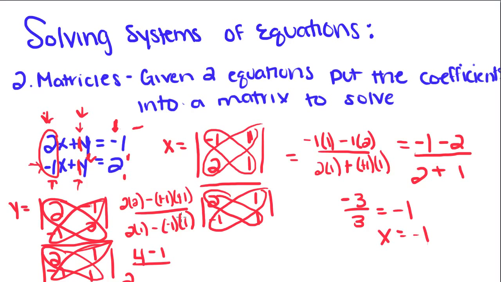Negative 1 times 1 gives you negative 1. And when we minus a negative, we actually add a positive. So 2 plus 1. So then we get 3 over 3. And as you can see, we get 1 just like we did when we plugged it in. So either way, you can do it. I just wanted you to know how to do it both ways.